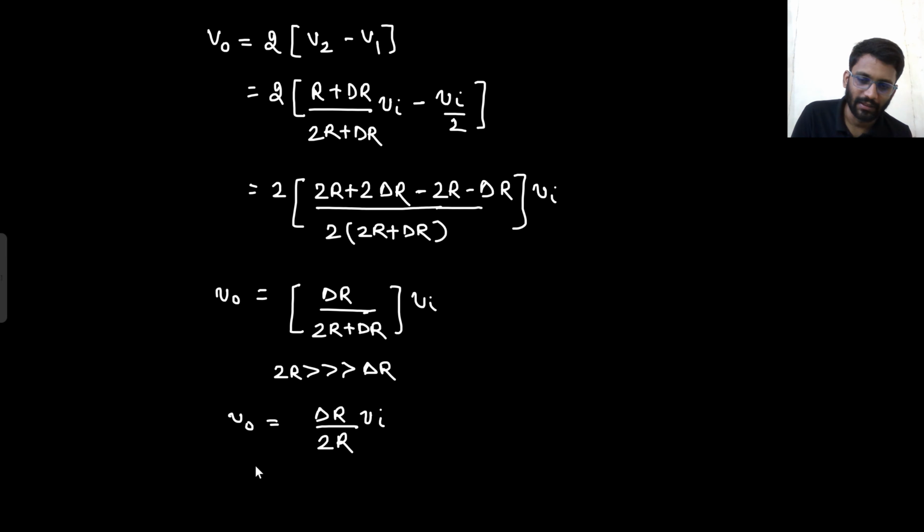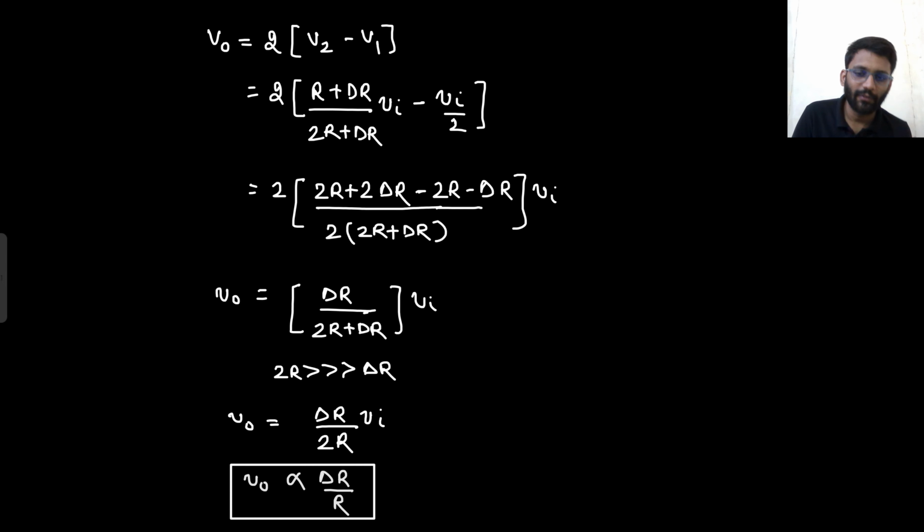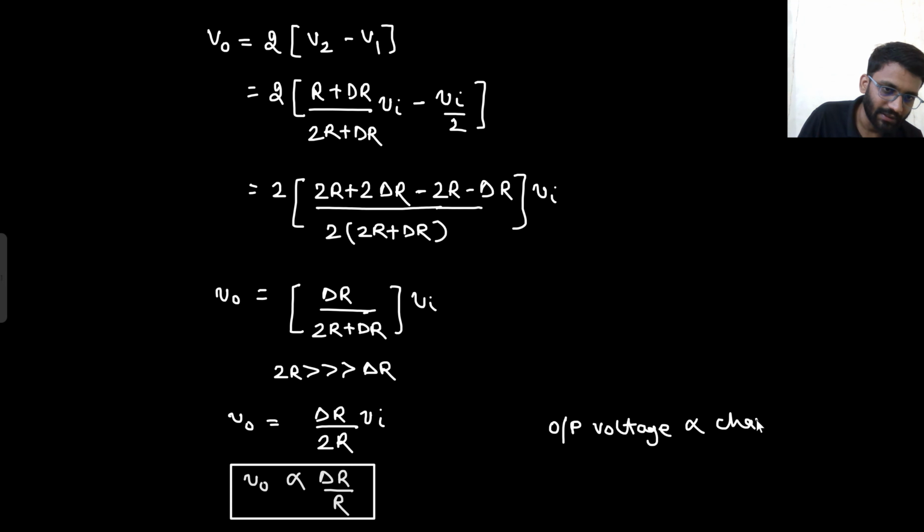So what you can see is that V naught is proportional to delta R by R, right? If because of the change in temperature your R changes, then your V0 will be proportional to the change in resistance. So your output voltage is proportional to the change in resistance.